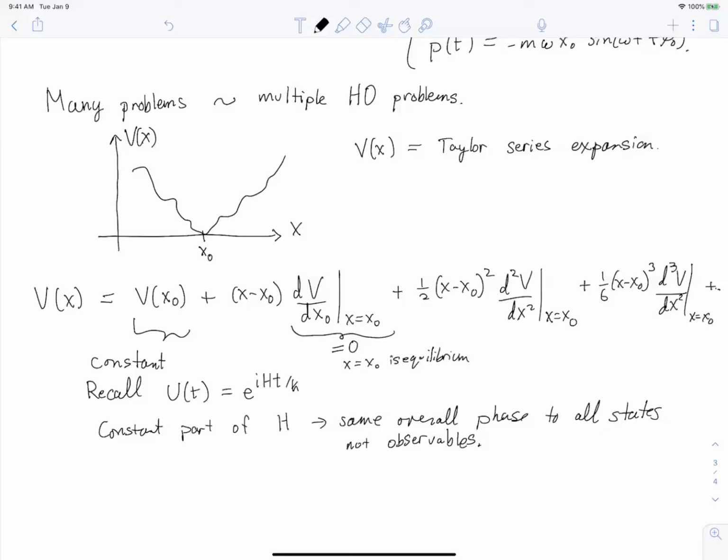And then this term involving the cubic part, we're going to ignore because we're going to assume this is small. In fact, we're going to assume all the other terms are smaller too. That would make sense if the difference between x and x0 stays small, because we're cubing a small number and then taking the fourth power of a small number. Okay, and so the only term left over is the quadratic term, which is the harmonic oscillator term.